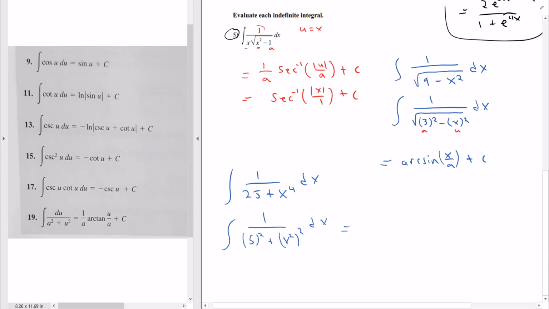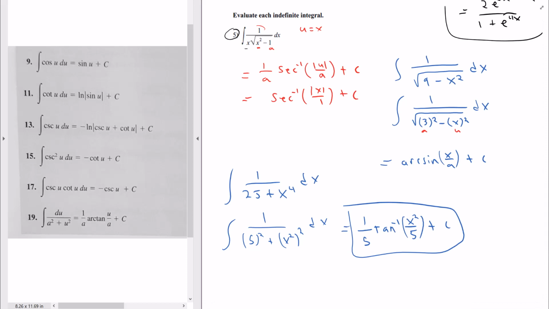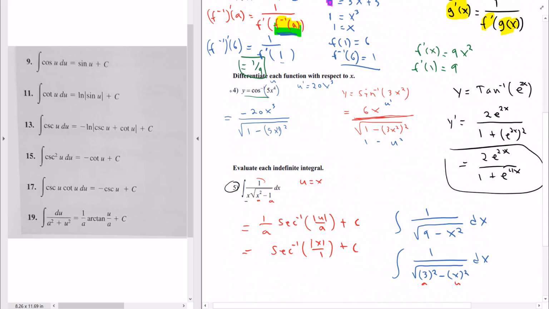And so this would be 1 over a, which is 1 over 5, arctan of u over a, which in this case is x squared over 5, plus c. And that would be the integral of that one. So you just have to familiarize yourself with these formulas and the ones that look like arctan and all that stuff. And we can explain why these formulas are the way they are, maybe at some point, using what we did up in question number 3 with taking the derivative of an inverse function. Okay, I hope this is helpful. Good luck.